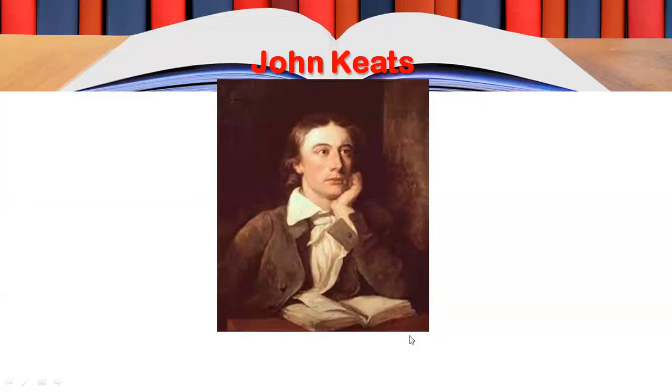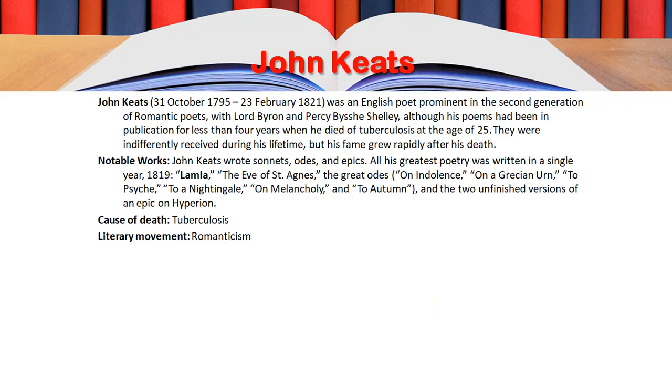The portrait of John Keats. John Keats, born on 31st October 1795 and died on 23rd February 1821, was an English poet prominent in the second generation of Romantic poets with Lord Byron and Percy Bysshe Shelley.